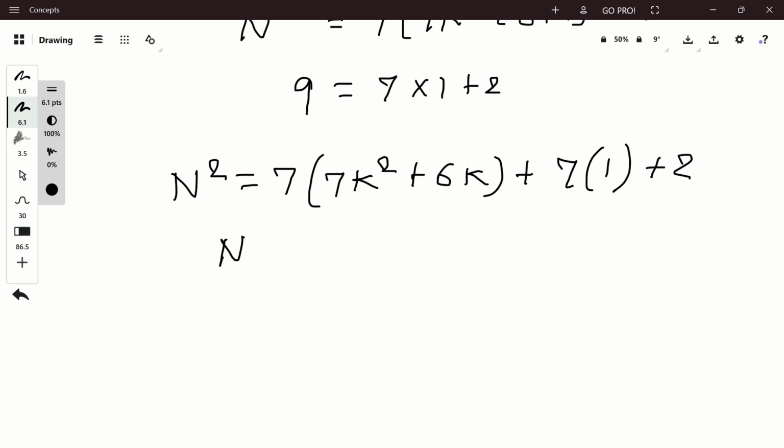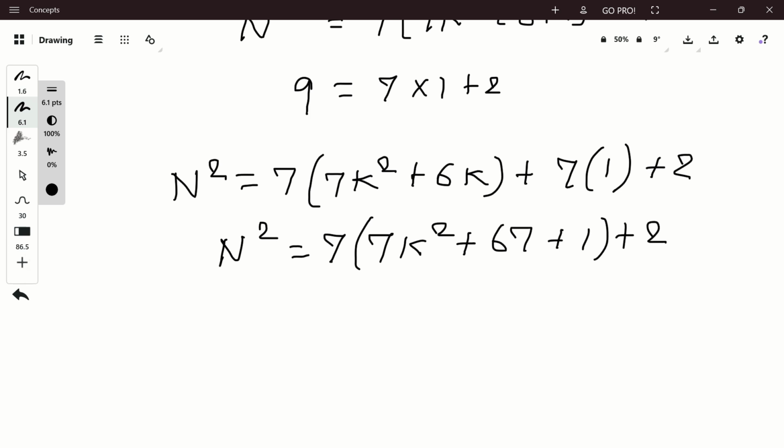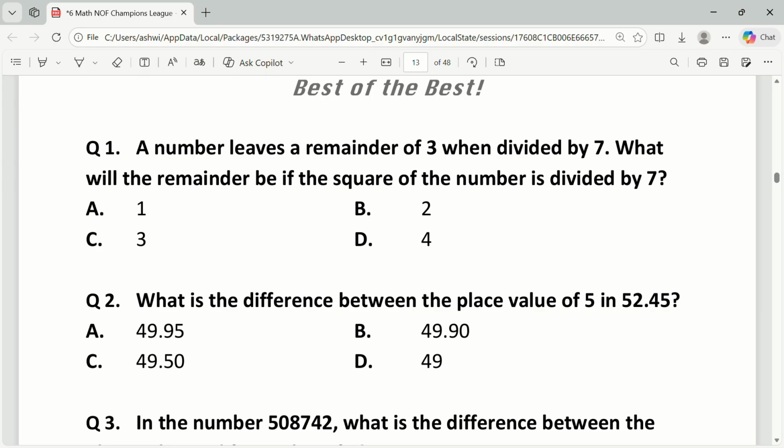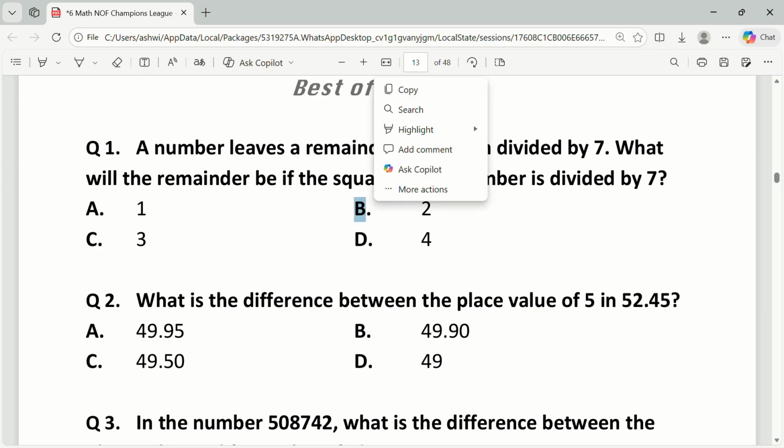That is, n square is equal to 7 into (7k square plus 6k plus 1) plus 2. Now the expression shows that when n square is divided by 7, the remainder is 2. Comparing with the options, the answer is B, 2.